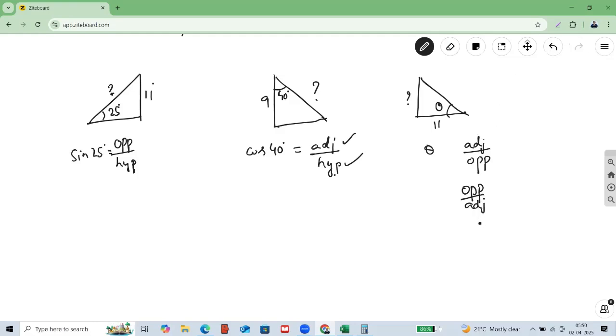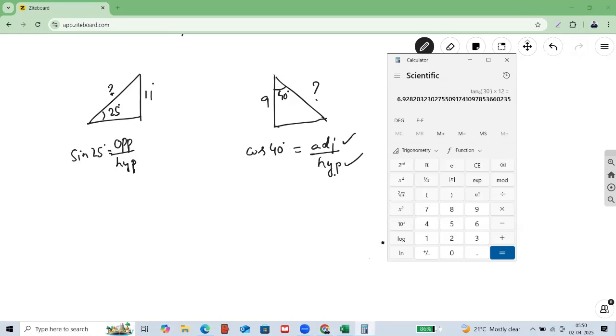I can use tan or cot, right? Everything else has a hypotenuse. So opposite by adjacent will be tan theta, or adjacent by opposite will be cot theta. That's all. Difference is this much only.